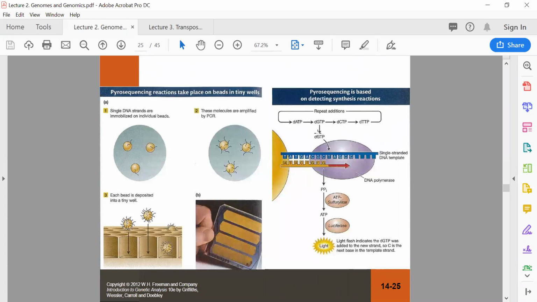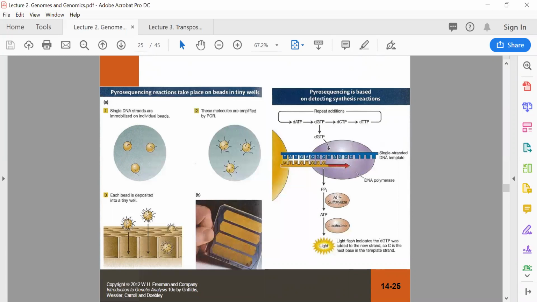So if we look at this one here, here's a dGTP, so this is a guanine, but it's a guanine triphosphate. And that's incorporated here in the next step because it's complementary to the T in the original DNA segment. And when that's incorporated, that's when the pyrophosphate, PPi, is released from it.